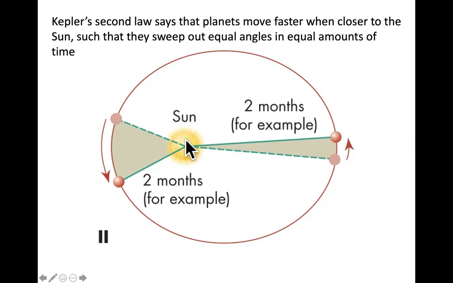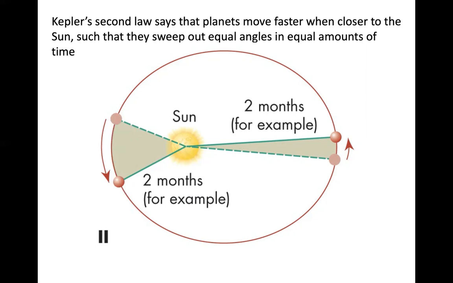So it sweeps out a fairly small angle. So this triangle is fairly tall, but fairly skinny. As it gets closer to the sun, like over here, in 2 months, it sweeps through a bigger angle. So its triangle is shorter, but wider.